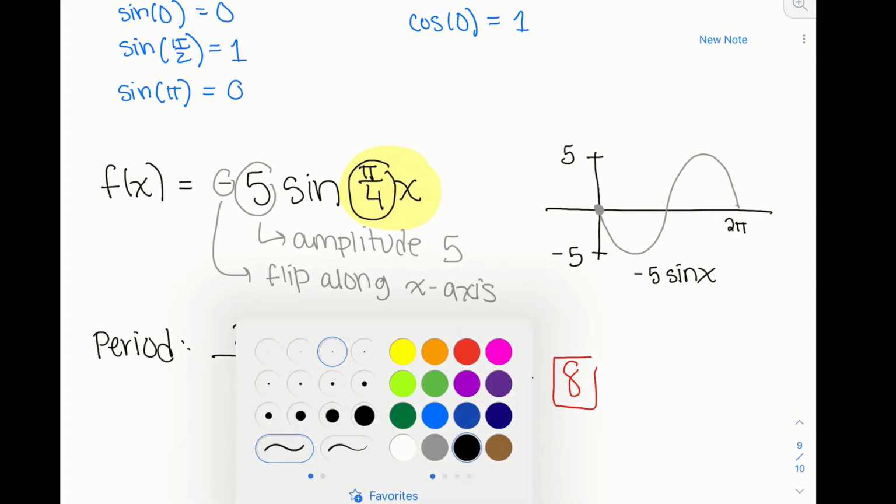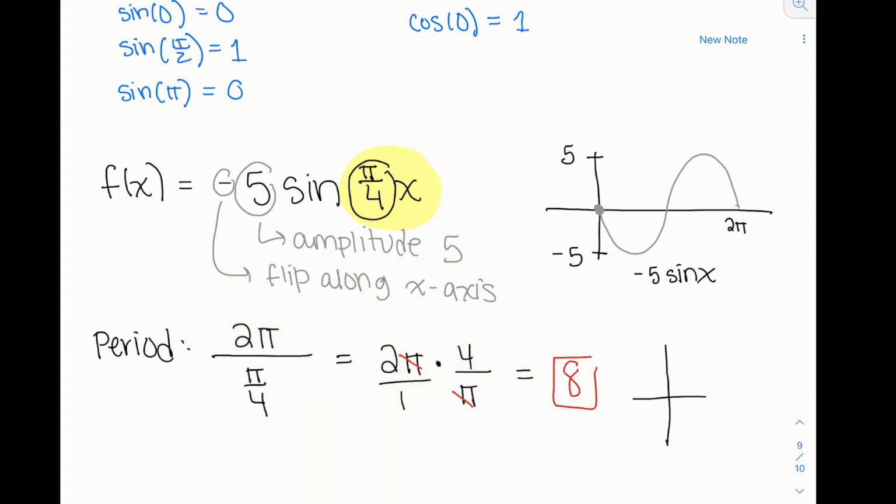Now when I go ahead and graph it, I'm just going to draw another quick sketch here between -5 and 5, and now it's going to go from 0 to 8 instead of 2 pi. Okay, so this gives us a general idea of the graph.